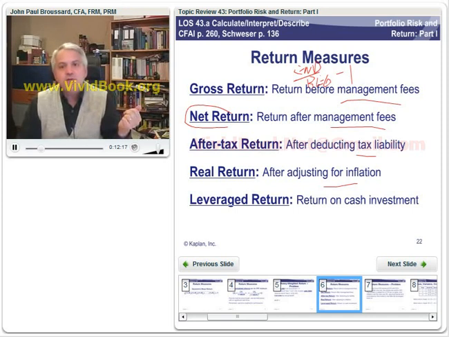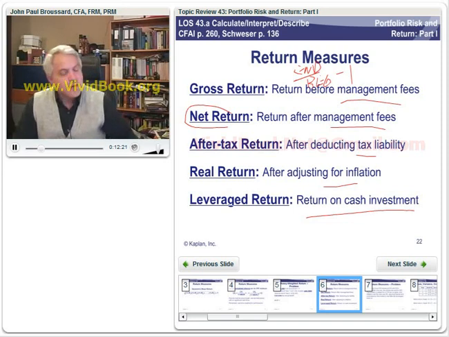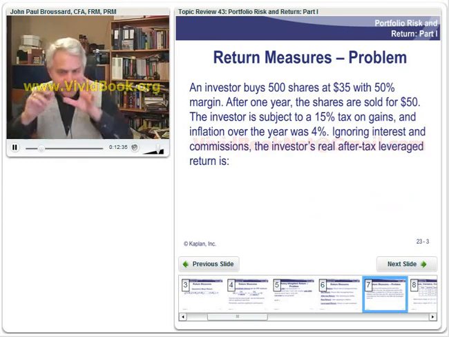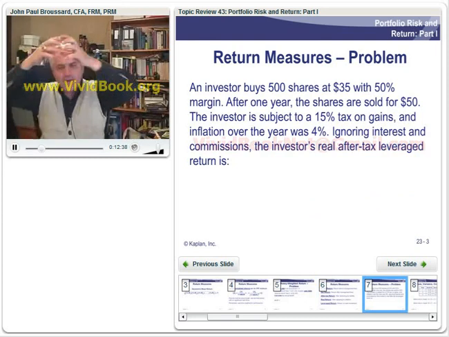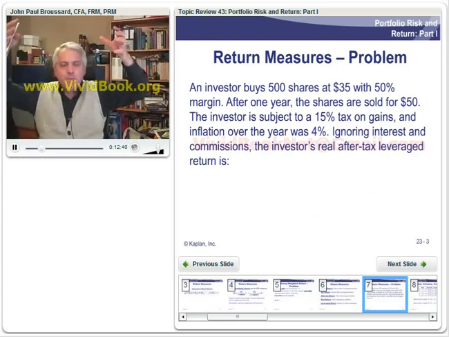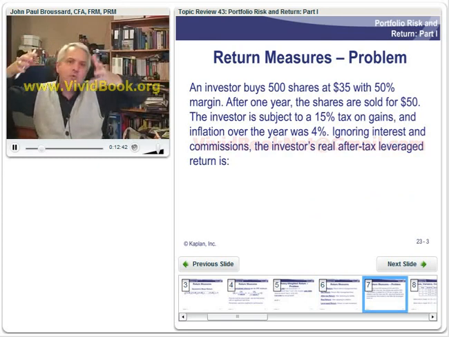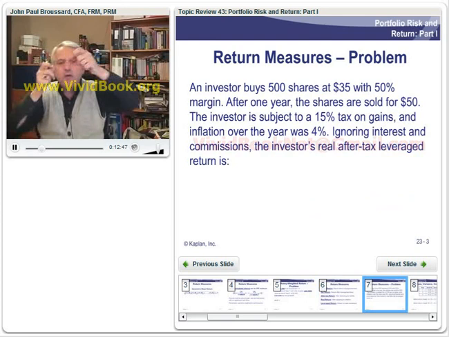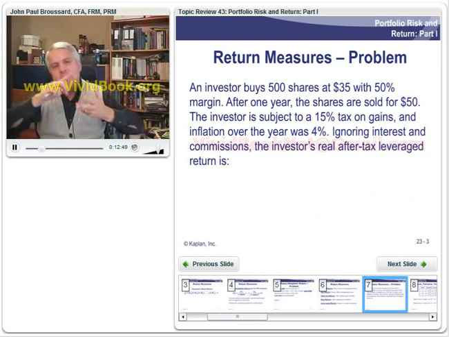The leveraged return would be the return that we get on our cash investment, assuming that we could borrow money, meaning that we wouldn't have to put the entire amount of the initial investment up. So think of it as having a really big fat number that has all of the value additions, subtractions, and changes associated with it, and then we take little pieces off of it for fees, taxes, inflation, etc.